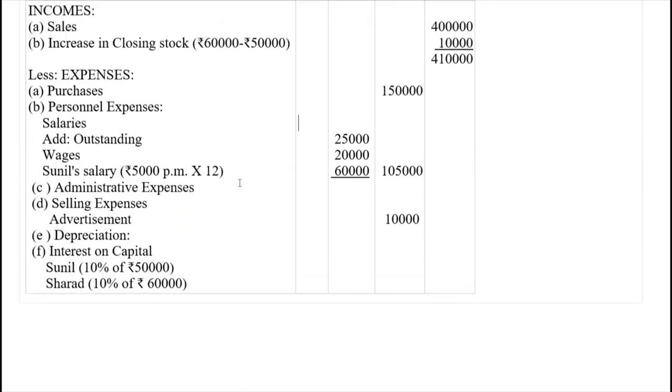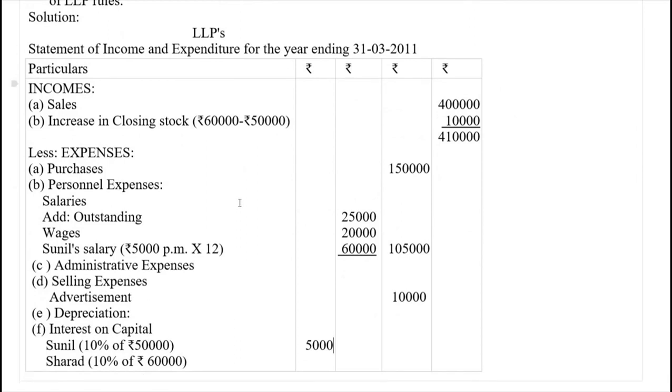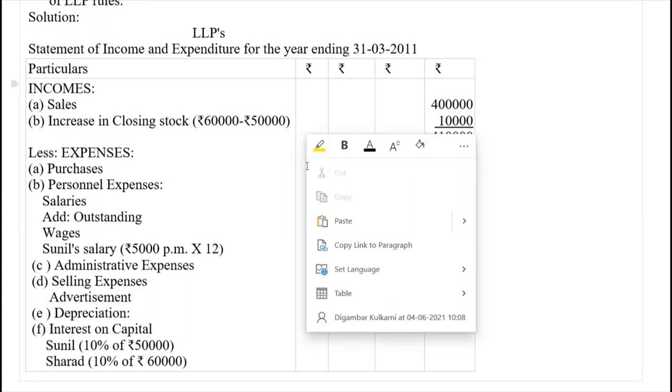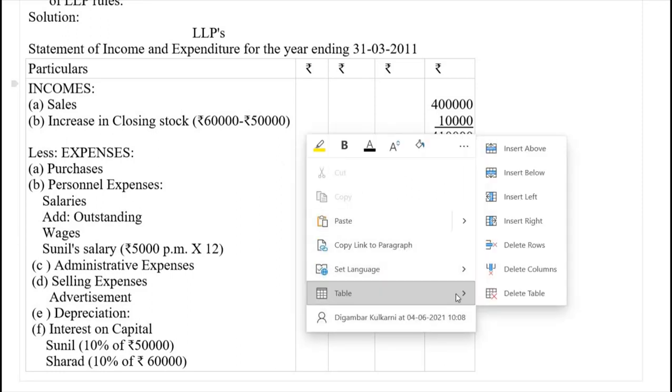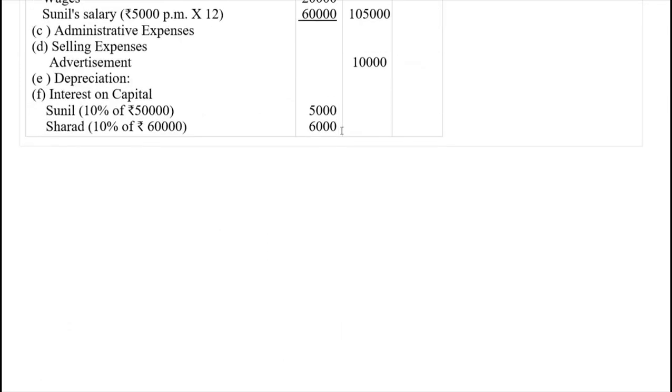So 5,000 will be the interest on capital for Sunil, and for Sharad it will be 6,000.